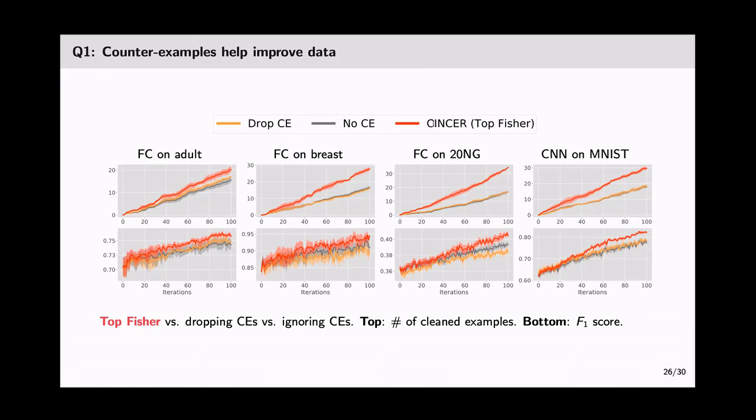We compare CINCER against 2 other alternatives. The yellow one is drop counterexample. So we identify a counterexample, we don't show it to the user, we just discard it from the training set because it might be noisy. The gray line is basically no counterexample, which is, let's say, plain skeptical learning.